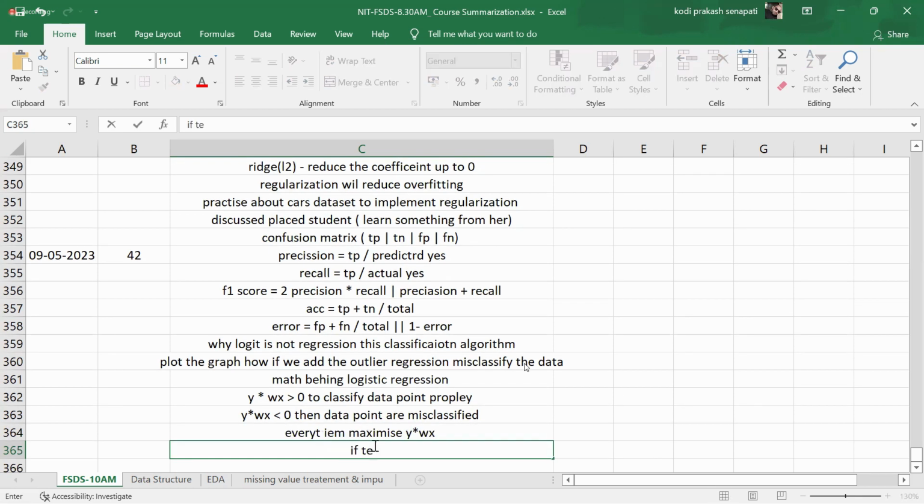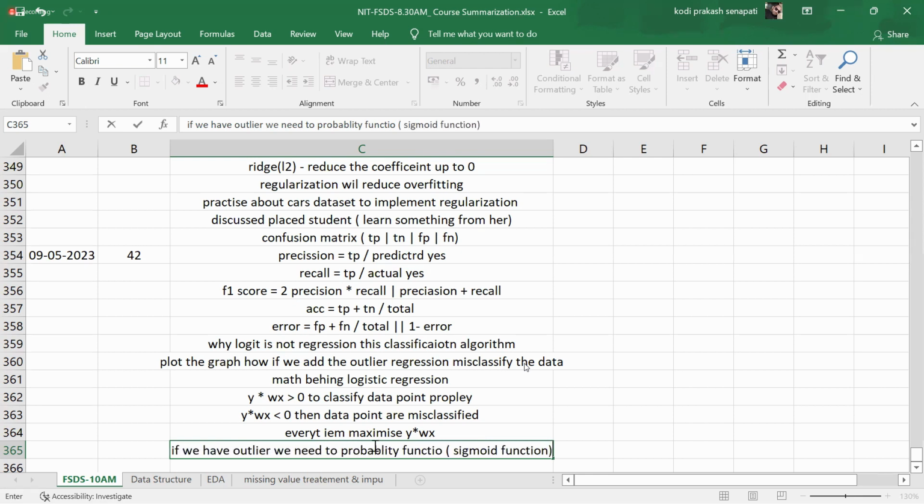But if we have an outlier, we need to implement a probability function, and that function we call the sigmoid function.